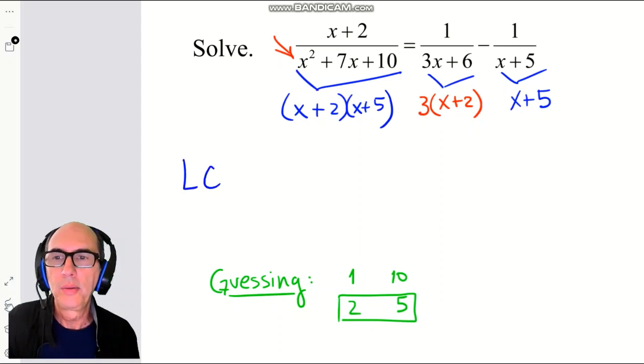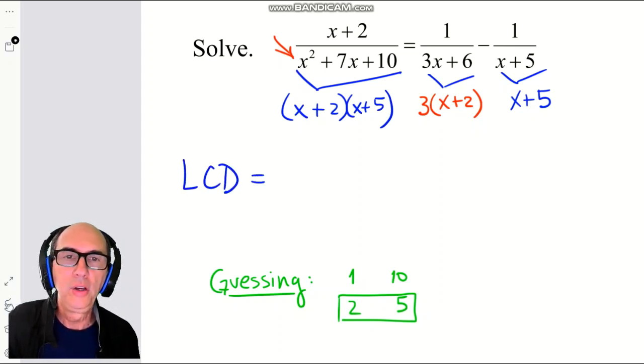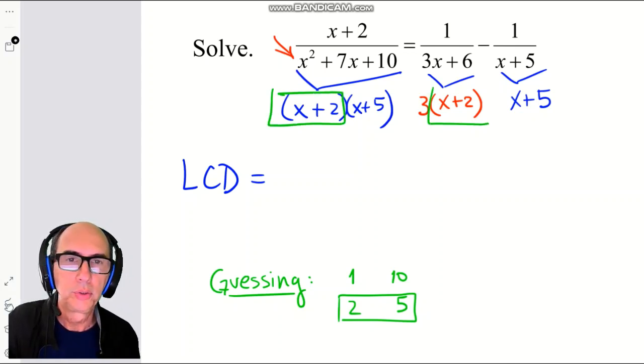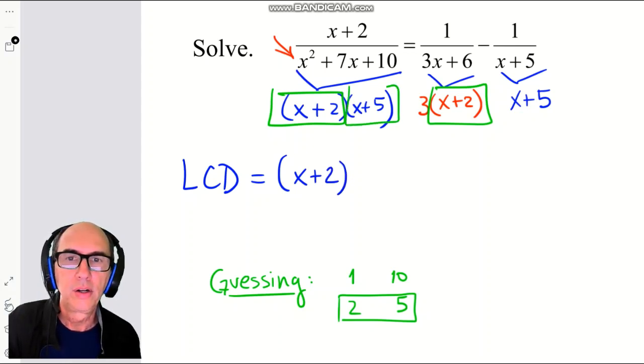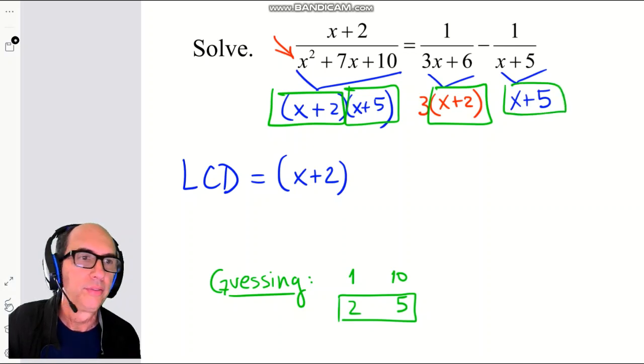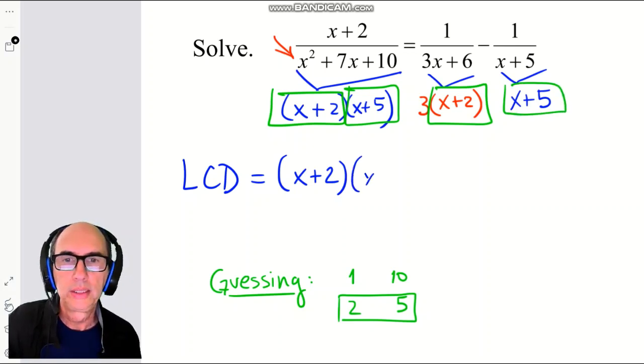The least common denominator, only the unique factors. So x plus 2 and x plus 2 is a repeat. If you have a repeat, use the greatest power. They both have power 1. X plus 5 is another repeat. Gonna use it only once.